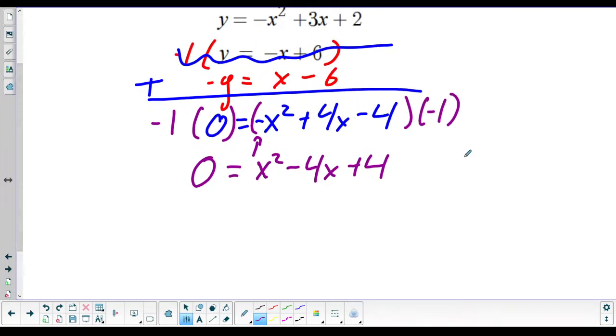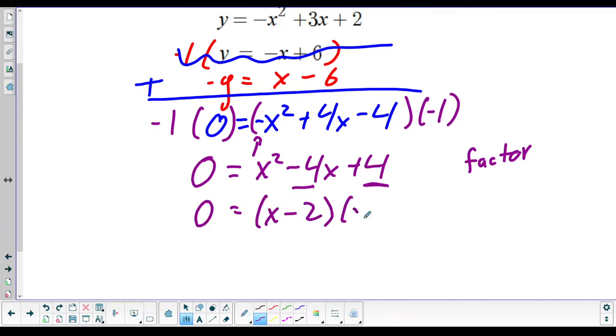Now, we're going to do what we did on the last problem, and we're going to factor. So we want two numbers that multiply to positive 4 and add to negative 4. So this is going to be 0 equals x minus 2 times x minus 2. All right, negative 2 times negative 2 is positive 4.